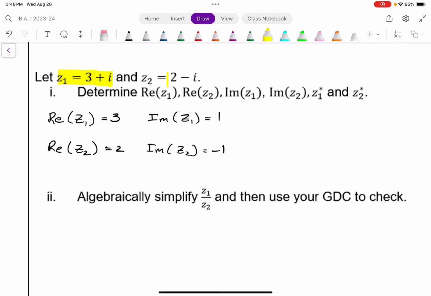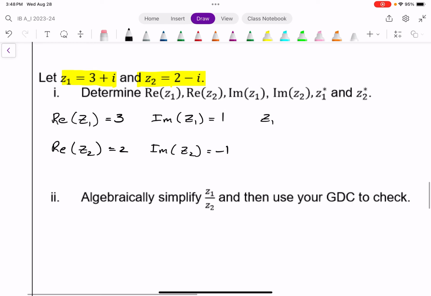And the complex conjugate of 2 minus i is 2 plus i.